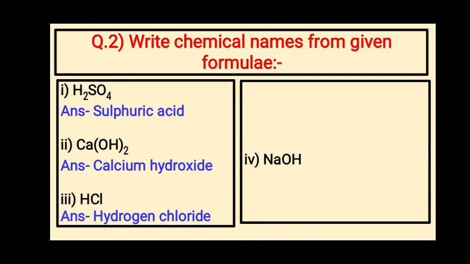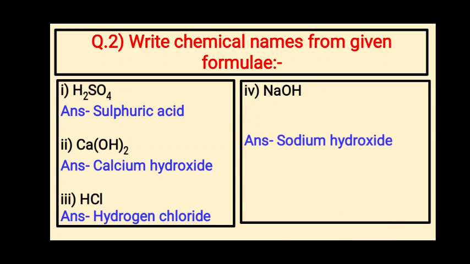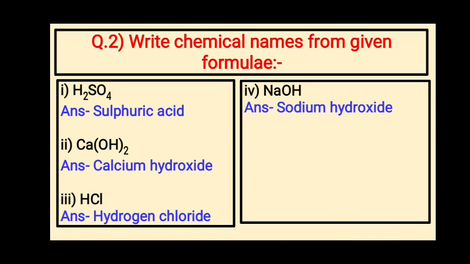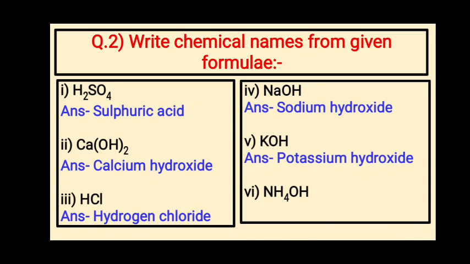Then fourth one, NaOH. NaOH is called as sodium hydroxide. Fifth one, KOH. KOH is called as potassium hydroxide. And sixth one, NH4OH.